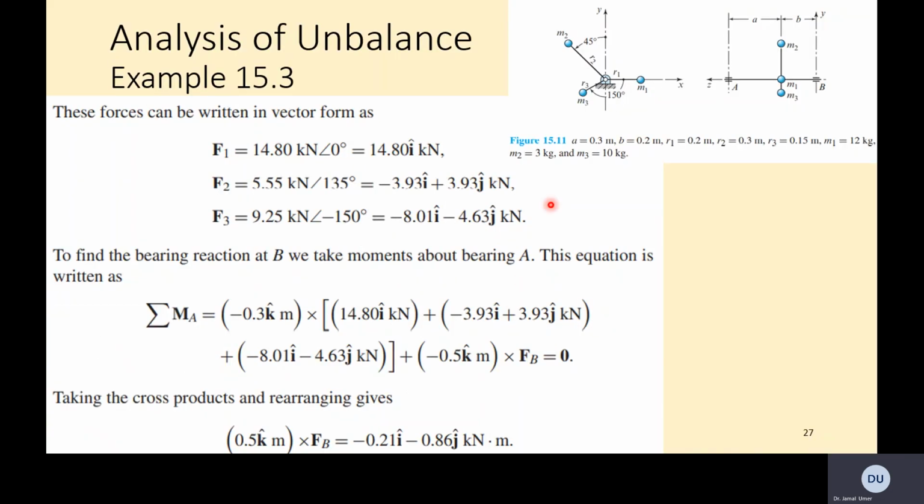So you will find these vectors, and then the process is the same. You take moment at A and B. This time we are taking moment at A, and because all masses are at equal distance A, what is A? A is 0.3.